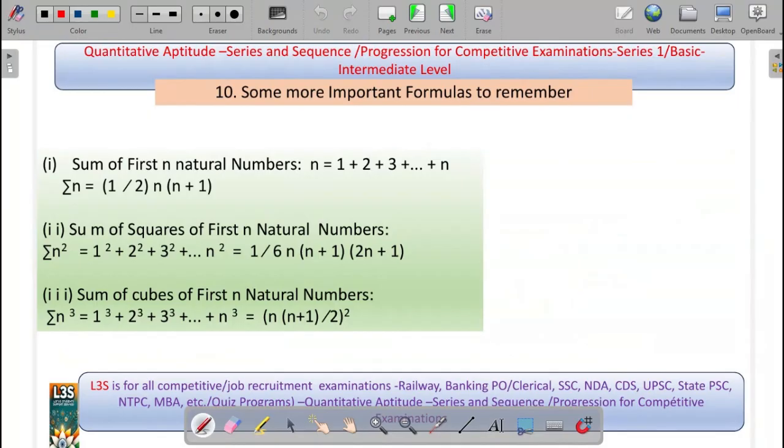Now some more important formulas we need to remember, as similar types of questions come in exams. Sum of the first n natural numbers. Natural numbers are 1, 2, 3, 4, 5 and so on. What is the sum of n natural numbers? That needs to be remembered.